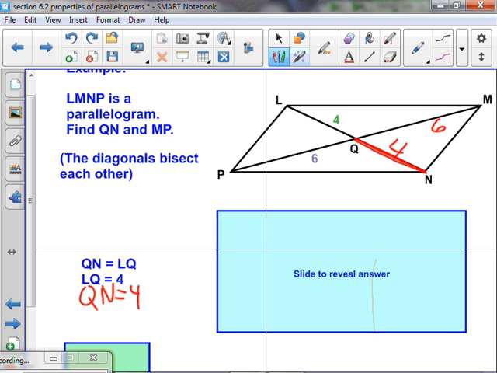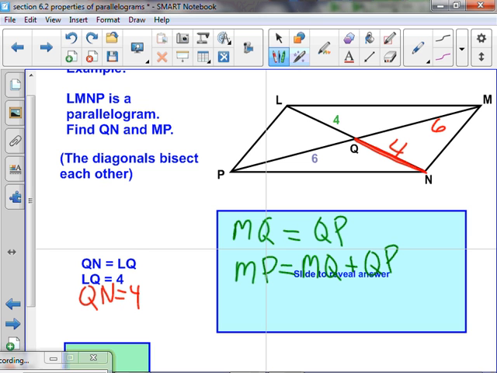So we know that MQ is equal to QP. And then we know that MP is equal to MQ plus QP.